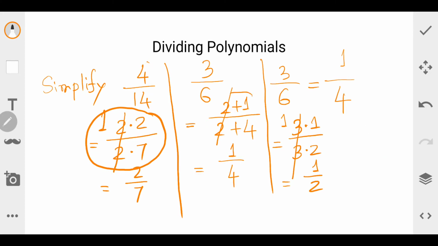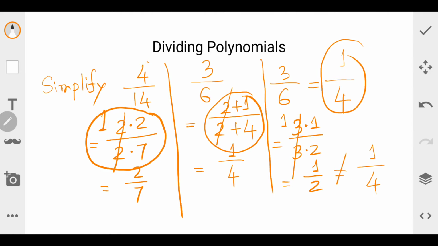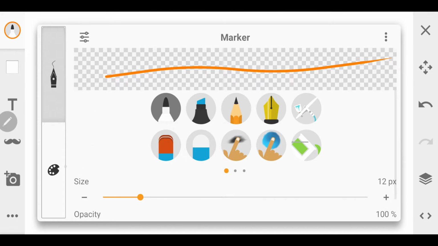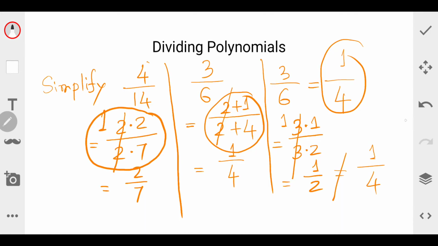But if we do it this way, we are actually getting 1 over 4. And 1 divided by 4 is not equal to half. That's not equal. So we cannot do this. Let's change the color. We cannot do this. This is not possible. We cannot say 2 plus 1 divided by 2 plus 4. Okay, that is not acceptable.